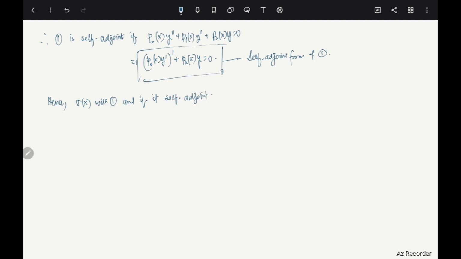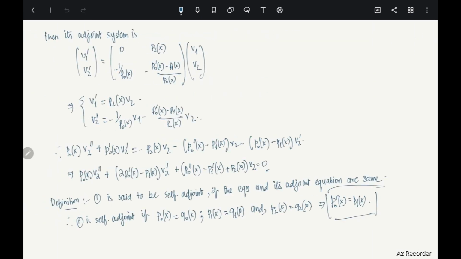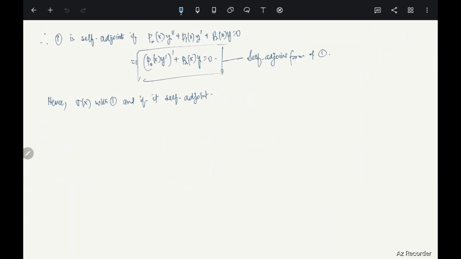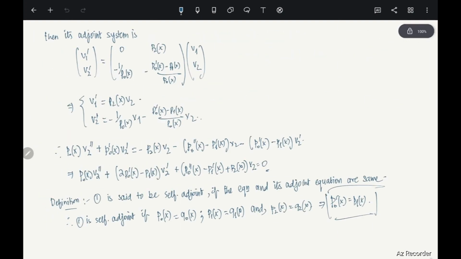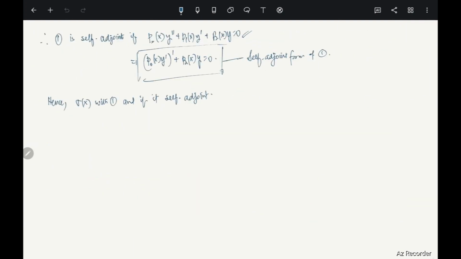Now I want 1 to be self-adjoint. What is the expression? If P naught prime is P1. So 1 is given by this equation, I multiplied by sigma of x, and if it is self-adjoint, what happens? P naught prime is P1.